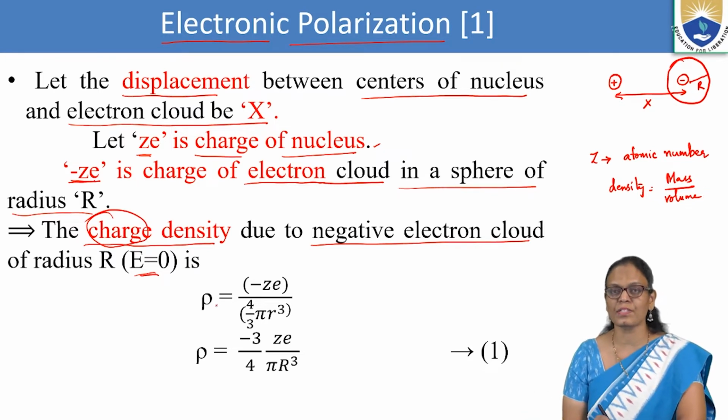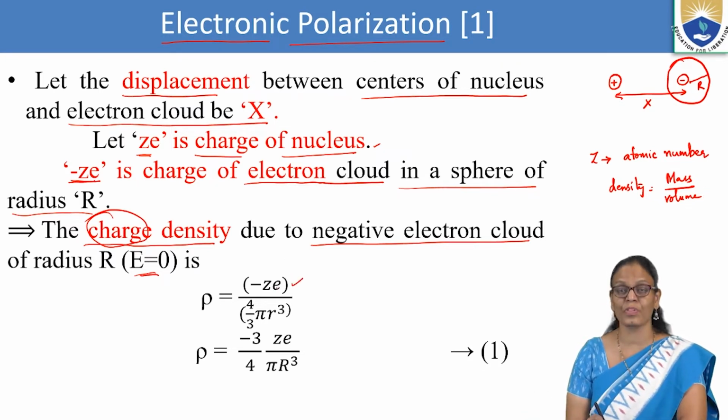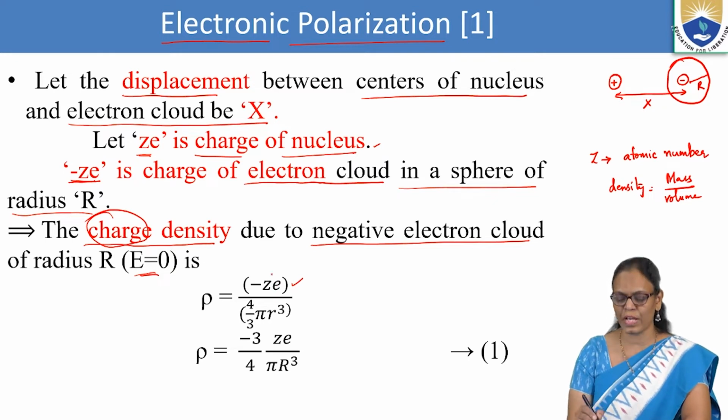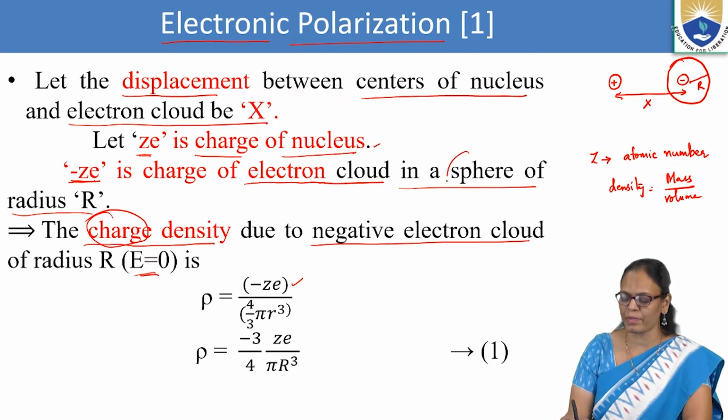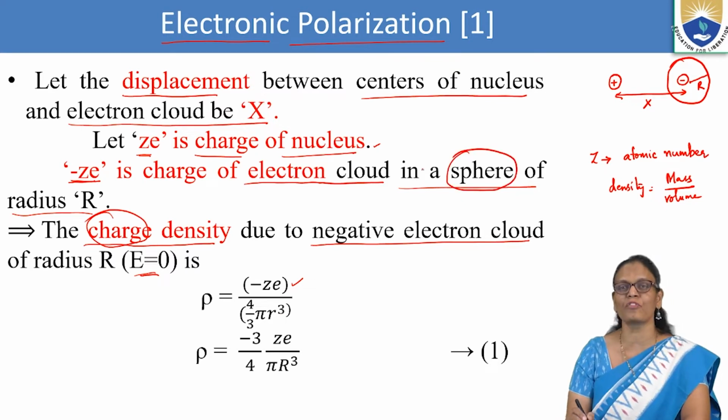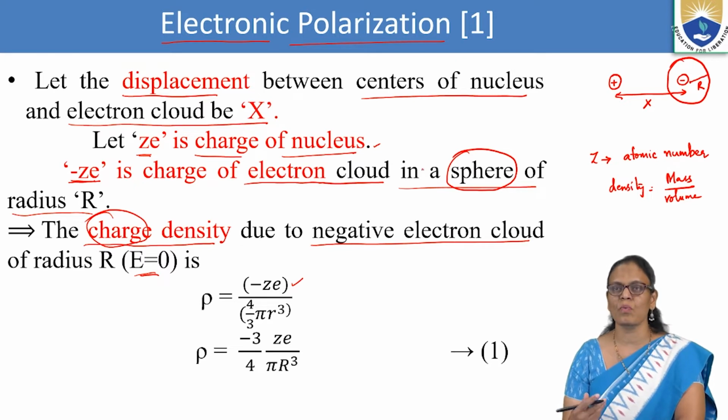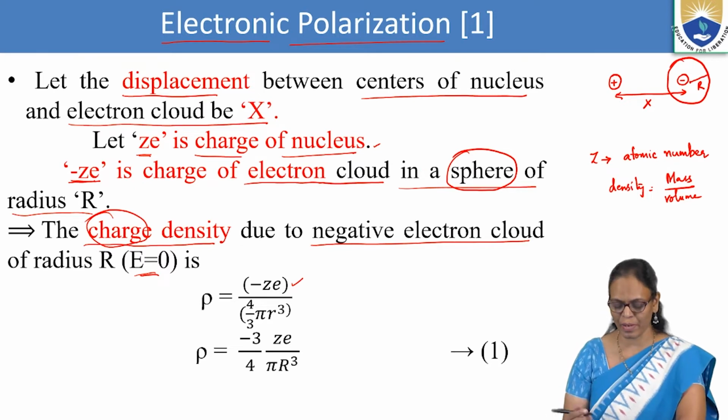The net charge of the electron cloud is minus Ze, divided by the volume. We have considered a sphere of radius capital R. The volume of the sphere is 4/3 pi R cubed.